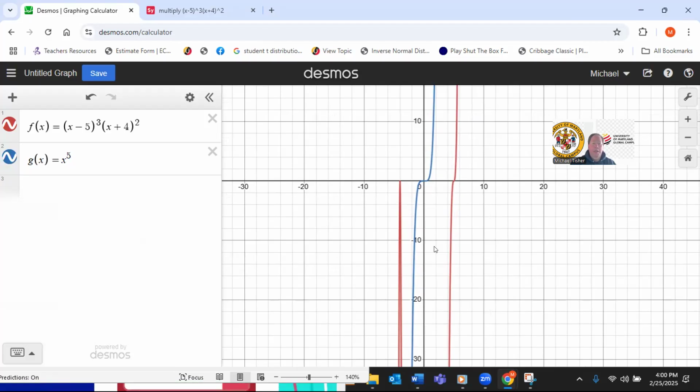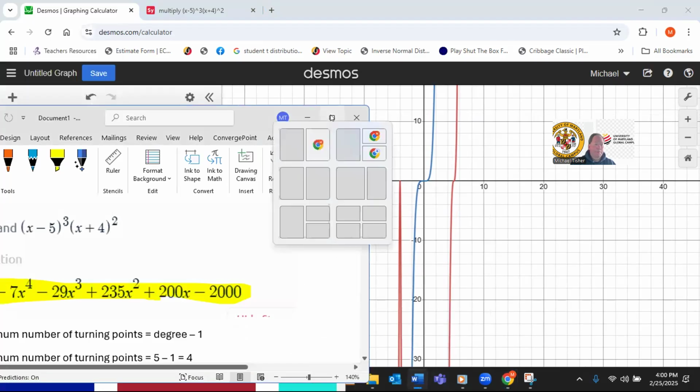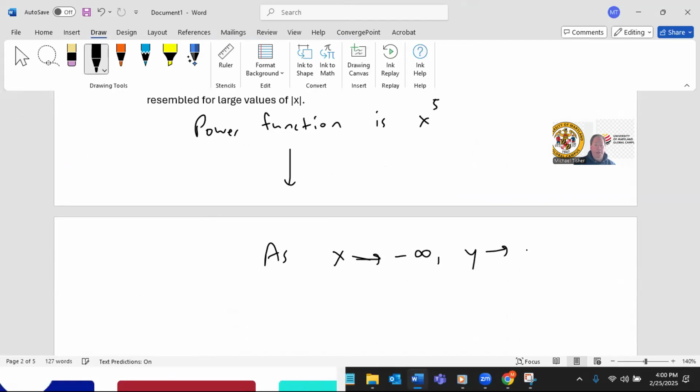All right, so we'll write it like this. As x decreases, that is, as it approaches negative infinity, y is also decreasing, which means y is also approaching negative infinity.